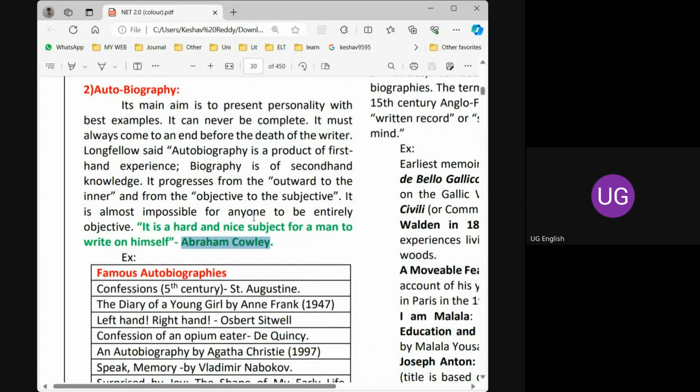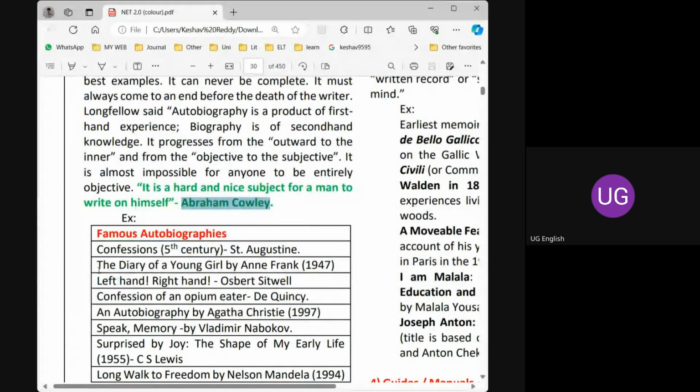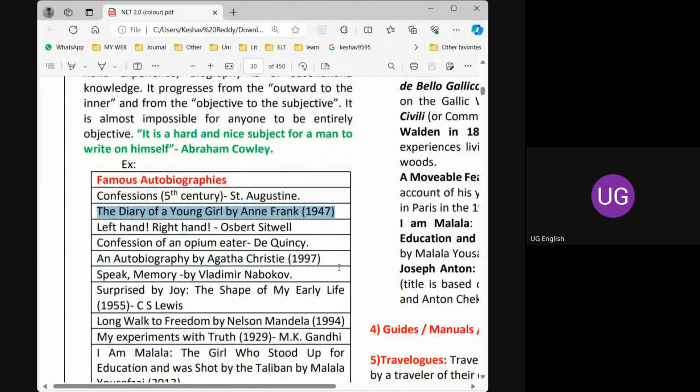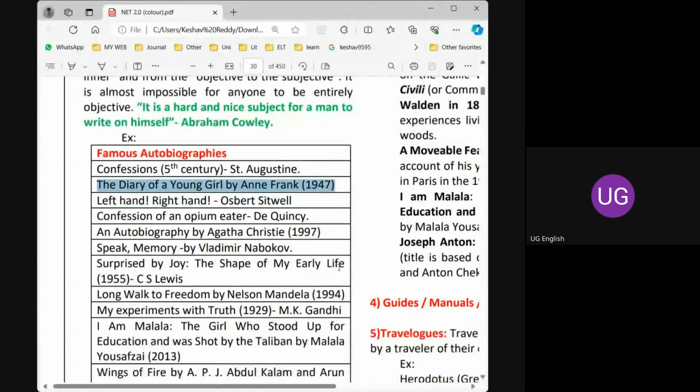Coming to the autobiographies, Confessions is very important, and one of the first autobiographies, it is by Saint Augustine, which we discussed in the class itself. And The Diary of a Young Girl by Anne Frank, Left Hand, Right Hand by Osbert Sitwell.